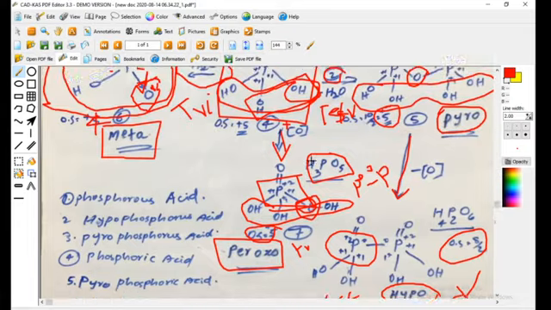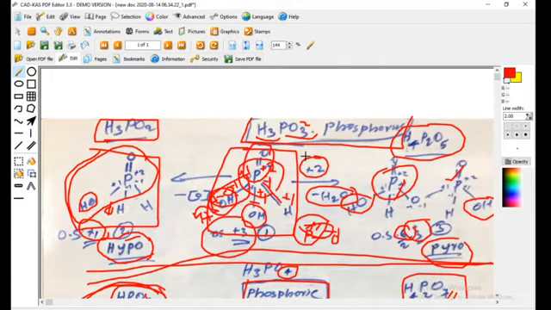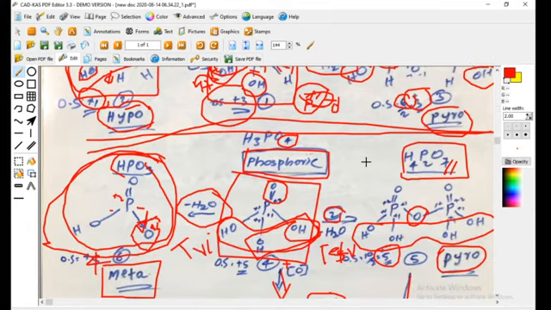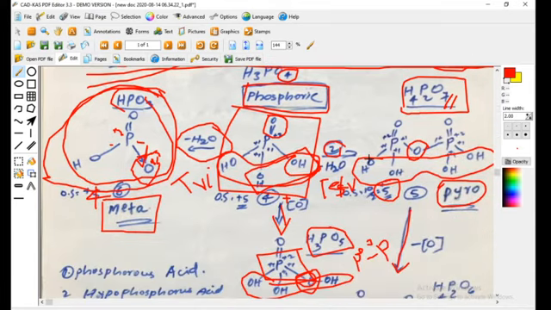So how many acids did we discuss? From phosphoric acid there are 2: hypophosphoric acid by the elimination of oxygen, and pyrophosphoric acid by the addition of 2 and the elimination of 1 water molecule. Phosphoric acid is H3PO4. From this one, by elimination of 1 H2O molecule, we get HPO3, and by the dimer with elimination of 1 H2O, it will be pyrophosphoric acid.